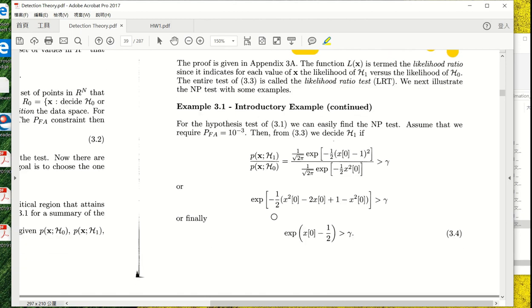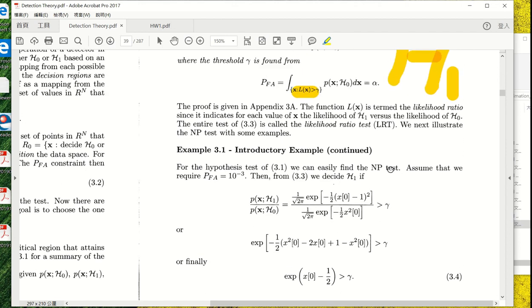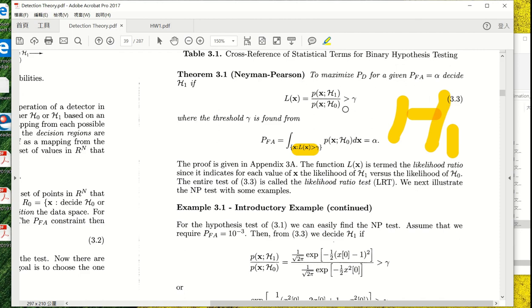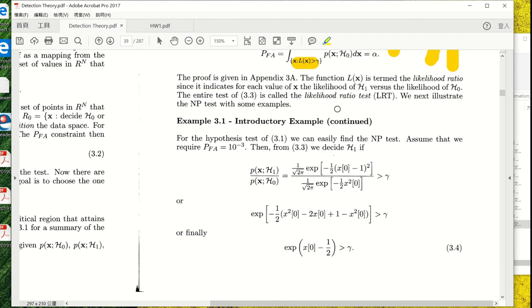Okay, and then we have an example. Assume that we require PFA equal to 10 to the minus 3. Then we decide H1 if this is larger than gamma, which follows from this likelihood ratio formula. So you have this derivation.